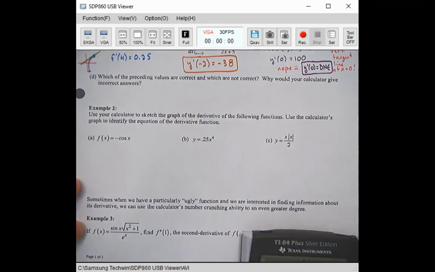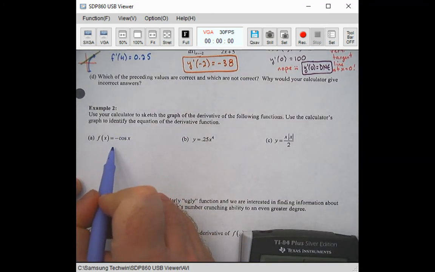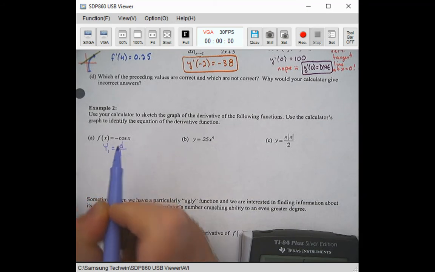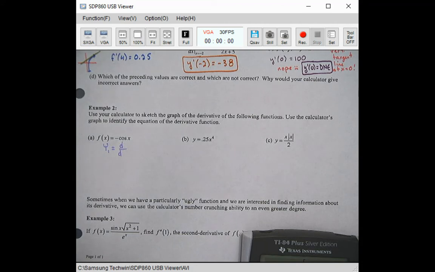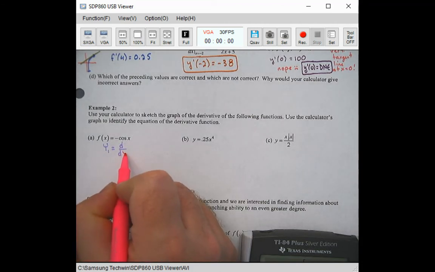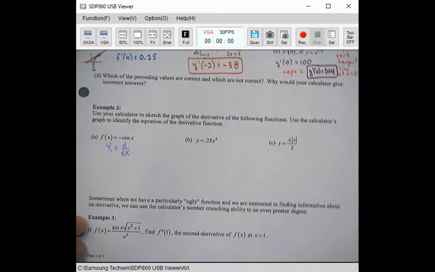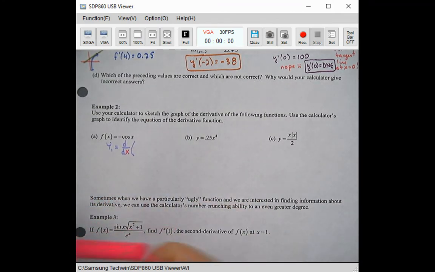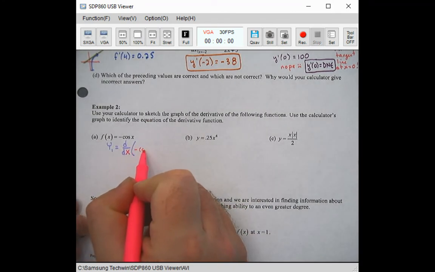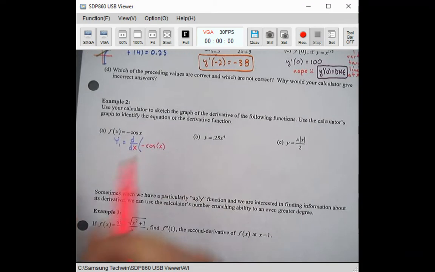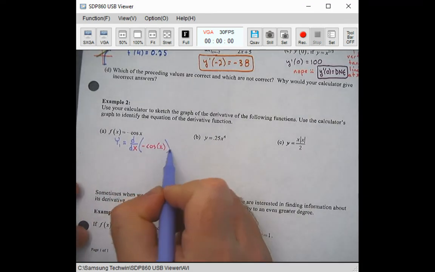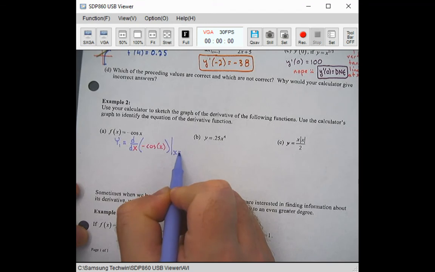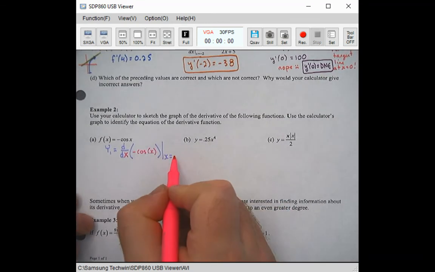Well, let's make a little note to how we wrote this in there. We wrote that y1 was equal to d/dx, and then I'm going to put in a different color all the stuff you need to add. d/dx of, and then our function is negative cosine of x when x equals x.